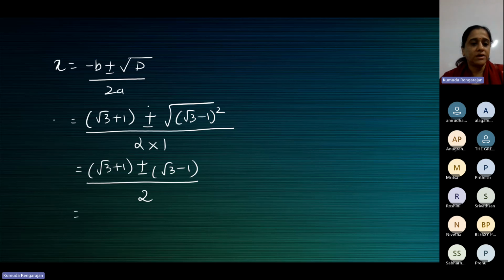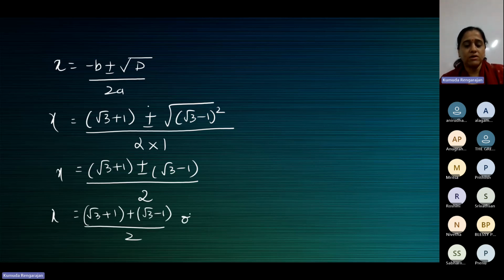So x is equal to root 3 plus 1 plus root 3 minus 1 by 2, or x is equal to root 3 plus 1 minus root 3 minus 1 by 2.